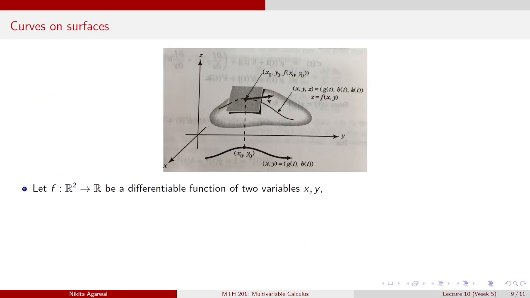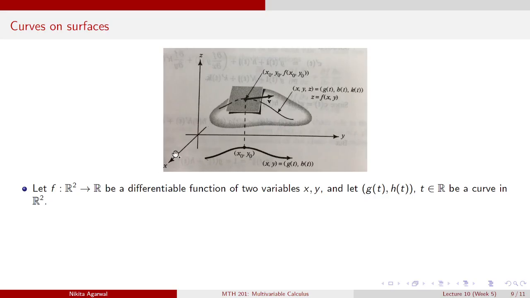Now let us try to use chain rule for curves on surfaces. Let f going from R^2 to R be a differentiable function of two variables x and y, and let (g(t), h(t)), where t varies over R, be a curve in R^2.